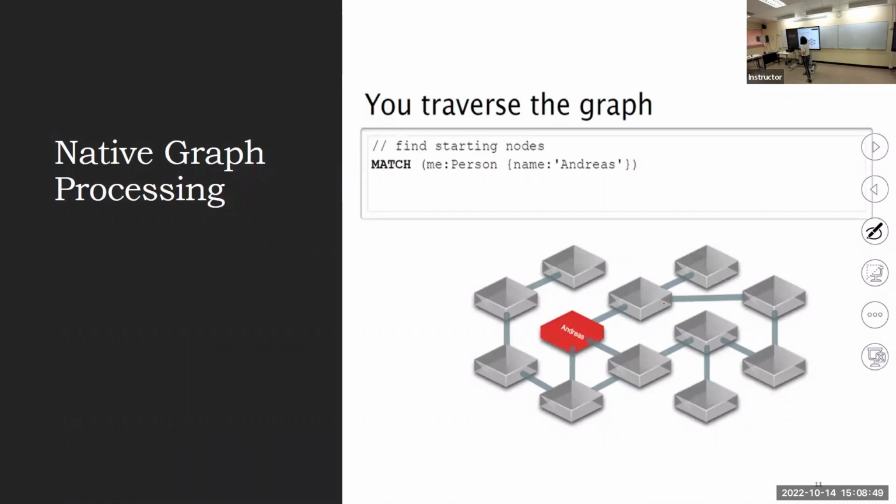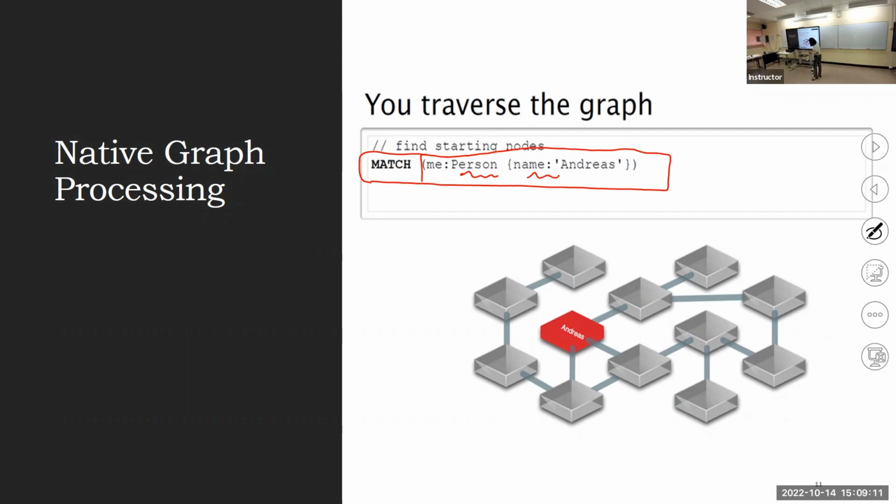So this could be an example. This is the pattern we are defining. This is just a query clause. We want to find any person node whose name is Andreas. That's it.